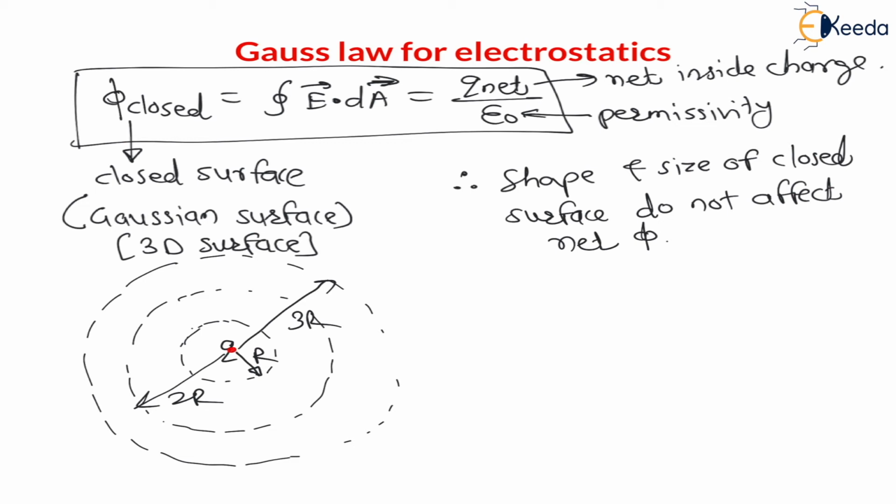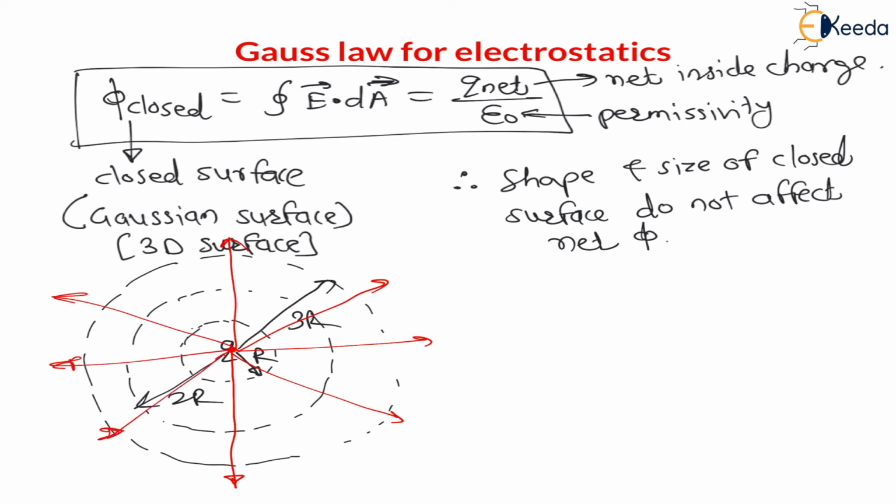From this Q, the electric flux is going in all possible directions. Whatever flux comes from the first small sphere is the same as from the second sphere and from the third sphere. The same flux is coming out.